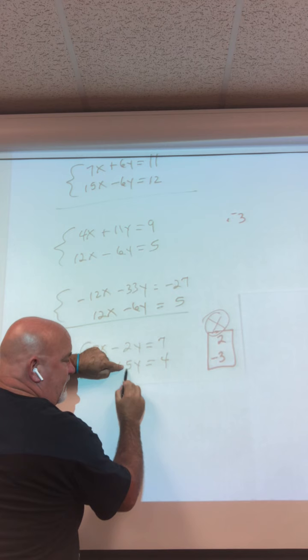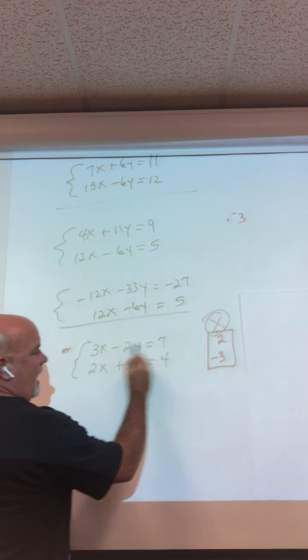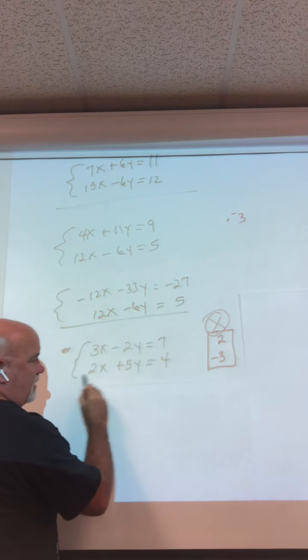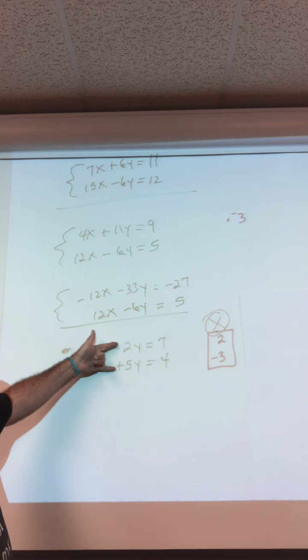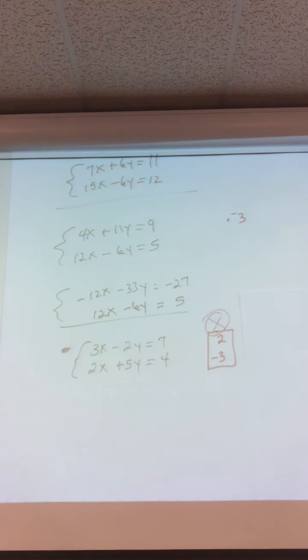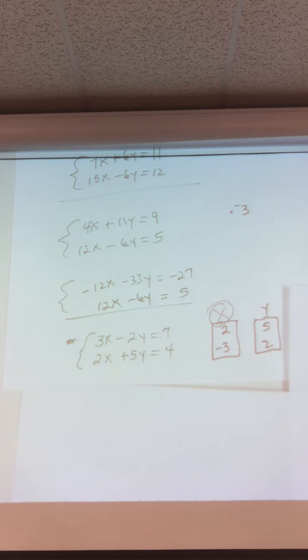What would you have to multiply this by to get a 10? 2. So if you multiply the top one by 5 and the bottom one by 2, that would put 10s right here. They're already opposite in sign. So one of them doesn't have to be negative. So if I eliminated the y's first, I would do that.